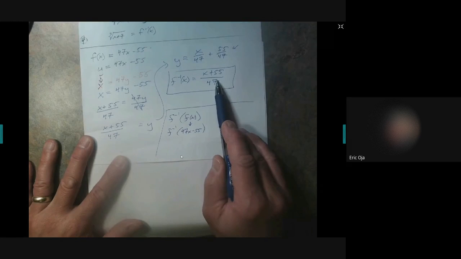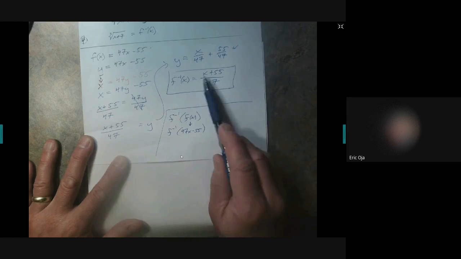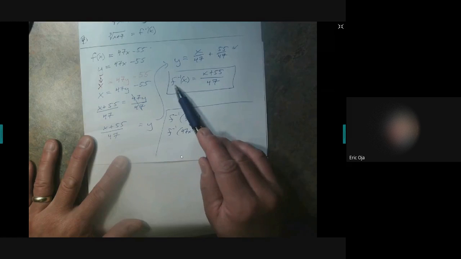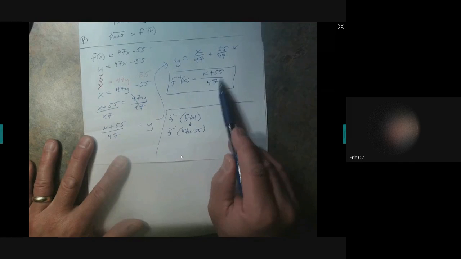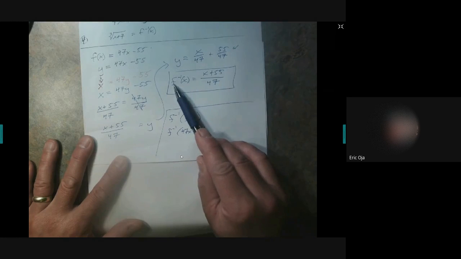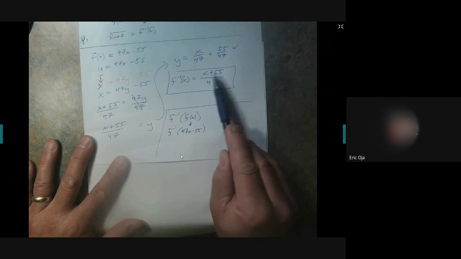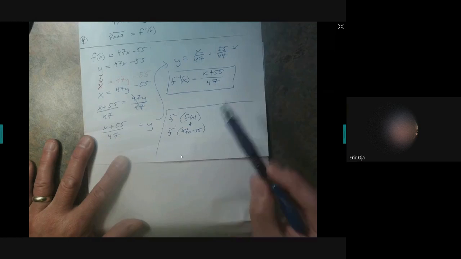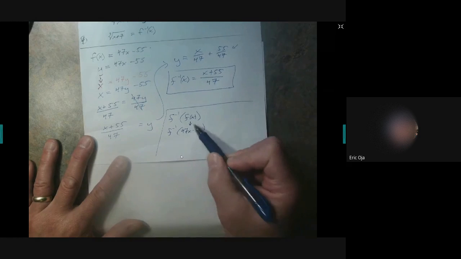If I plug in 100, I'd do 100 plus 55 over 47. If I put in a z, f inverse of z equals z plus 55 over 47. It tells me what I'm doing with whatever input I have. In this case, the input is this whole thing.